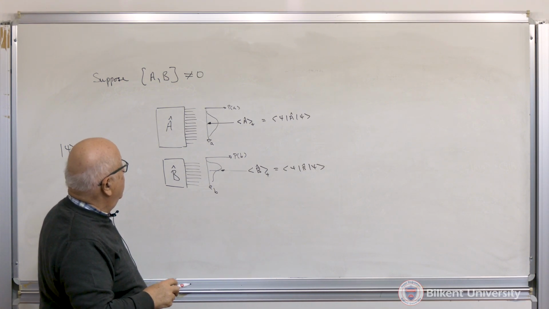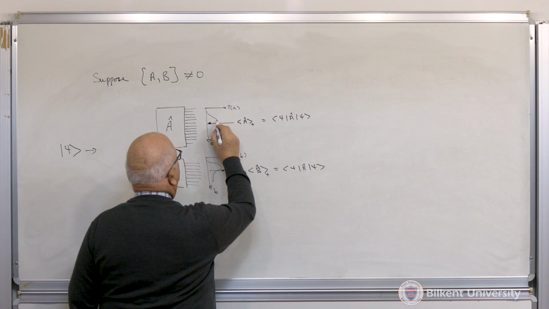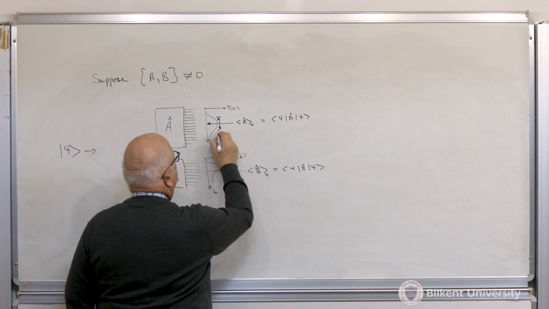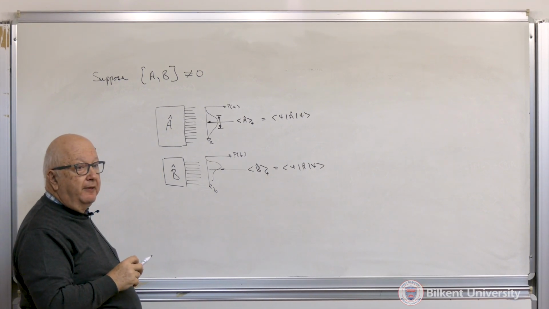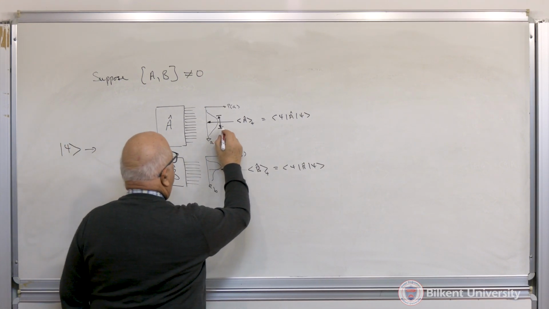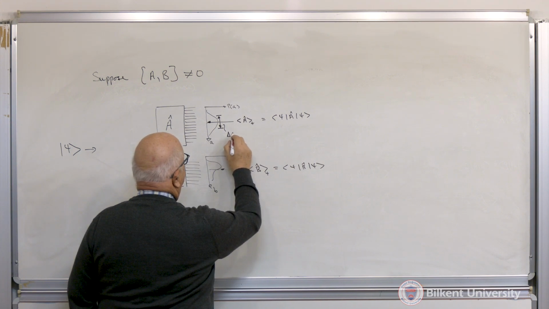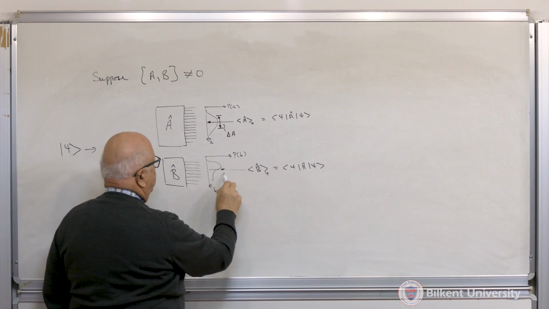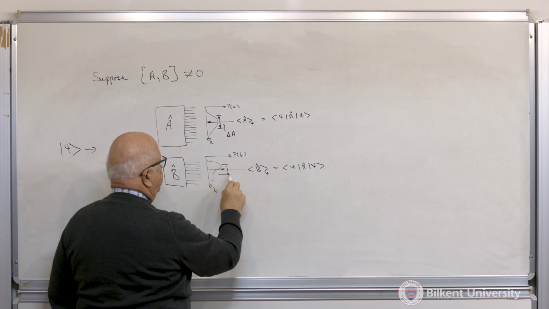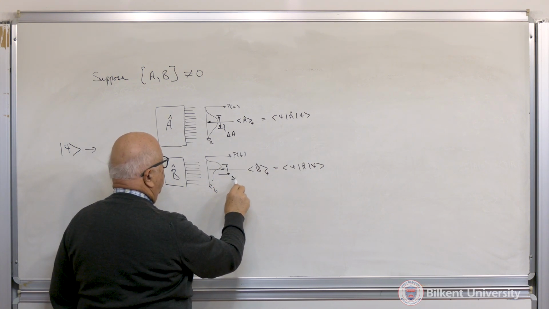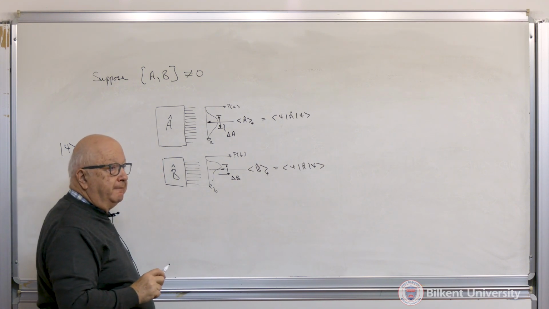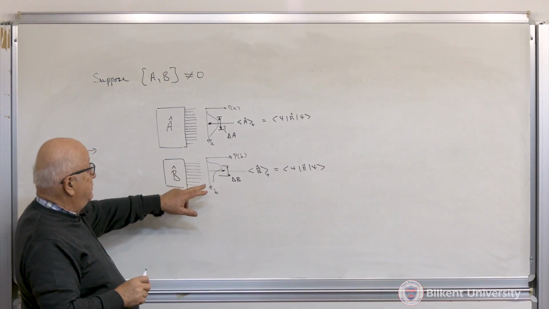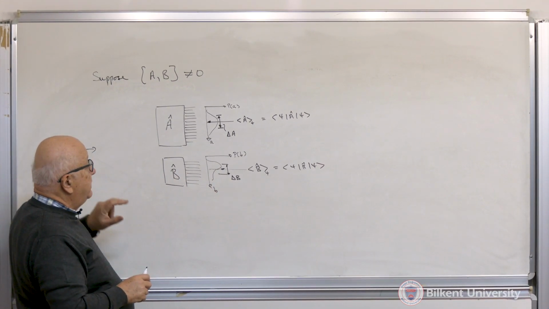Now, I also have a certain amount of uncertainty, which we have calculated, we have specified as delta A, and there will be some uncertainty here, which we are going to call delta B. So there's some uncertainty here and uncertainty there. Now, these things all depend on what psi is.